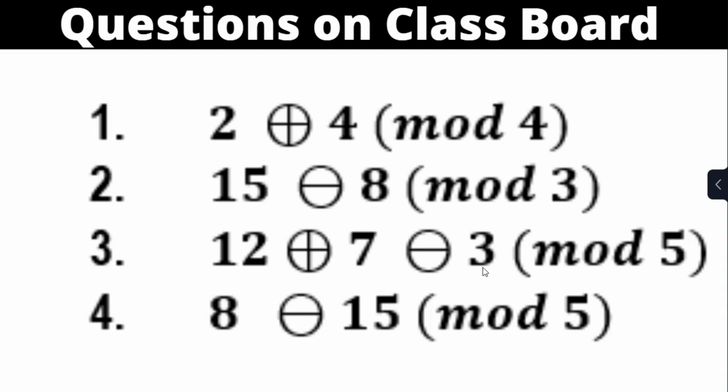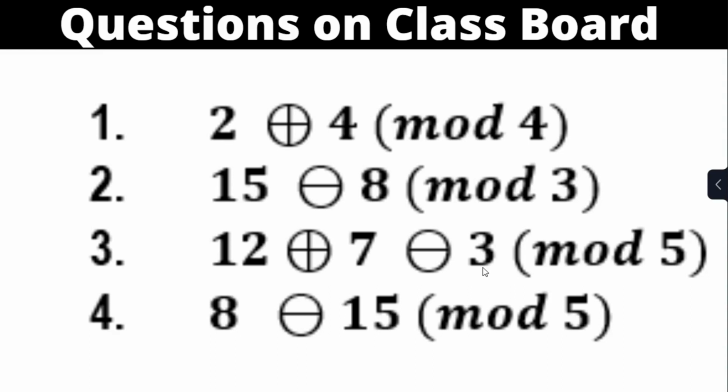Now, we are going to go straight into our board and then give an answer to this question. Question number 1 says: 2 addition 4 in mod 4, 15 subtraction 8 in mod 3, 12 addition 7 subtraction 3 in mod 5, and 8 subtraction 15 in mod 5.